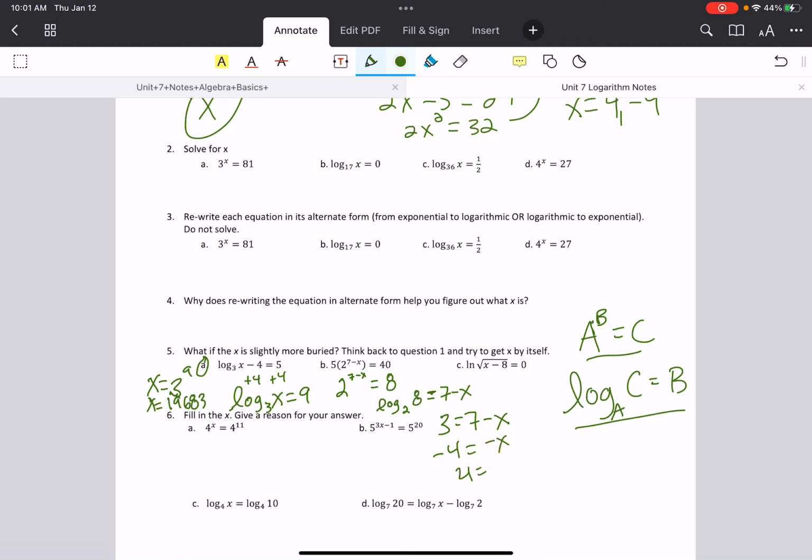So x equals 4. How are we doing, okay? Okay, let's do one more of this type.